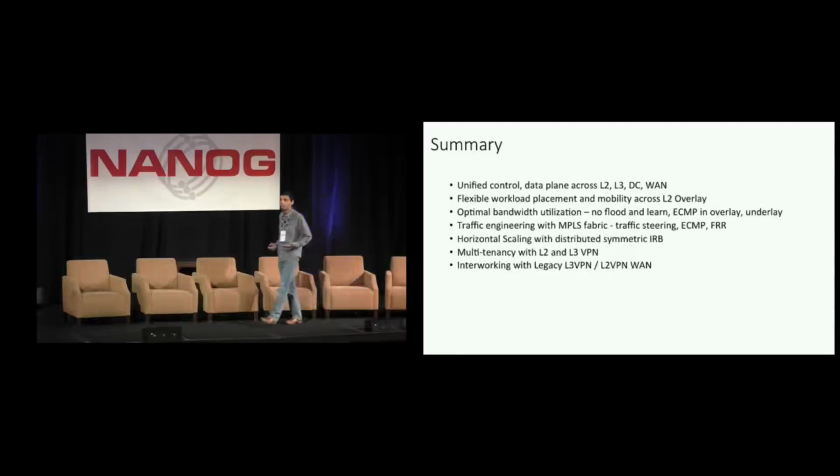Multi-tenancy with both layer 2 and layer 3 VPNs enabled in the data center. And this last point about interworking with legacy L2 VPN and L3 VPN technologies, we didn't really have the bandwidth to get into that topic in much detail in this presentation, but I just wanted to at least mention that it is a technology that interworks with legacy L3 VPNs and legacy L2 VPNs such as VPLS.